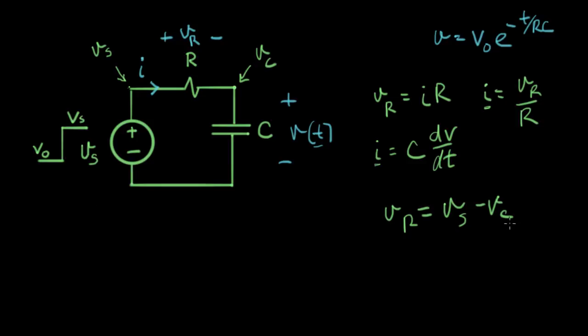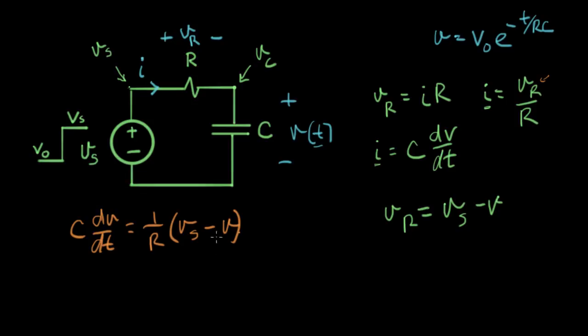Now I'm going to set these two i's equal to each other, and at the same time I'll plug in this expression, Vs minus Vc, for VR up here. So we can write C dV dt equals 1 over R times VR. VR is Vs minus V; I'll just write V, because we don't need that subscript.